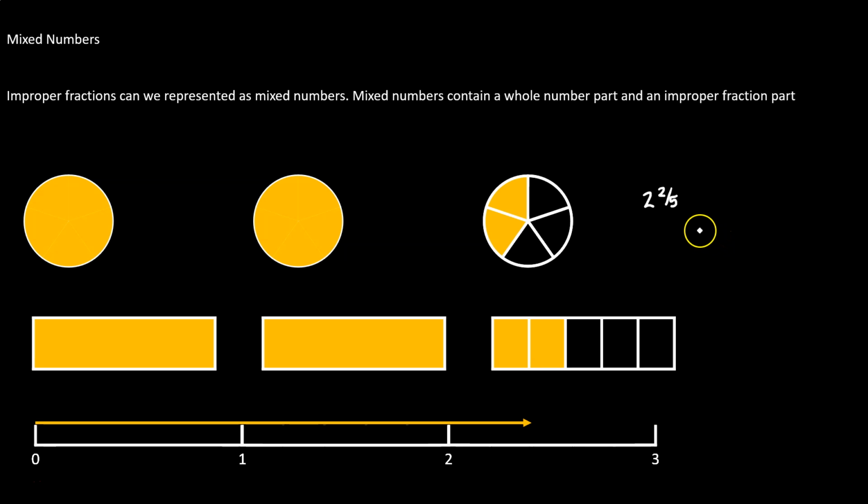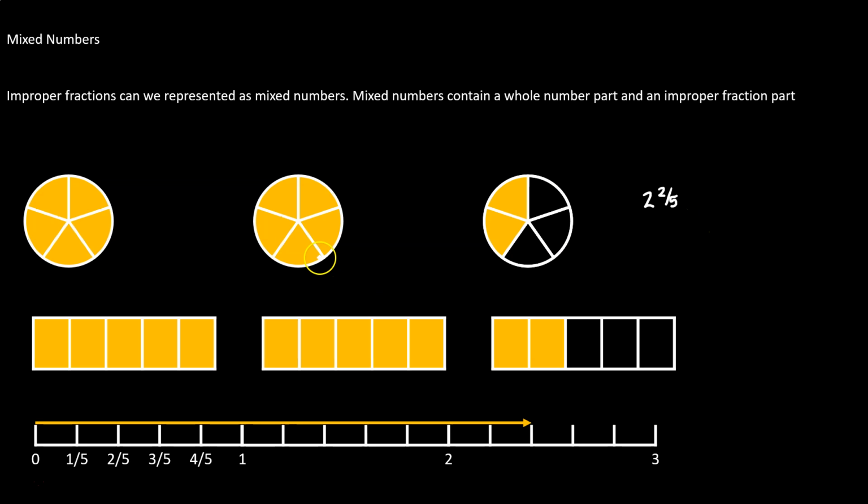Now what I'm saying is that improper fractions represent that same mixed number. So if I were to have divided my circles, even the whole ones, into 5 equal-sized parts, then I could count that I have 5 out of 5 from the first circle, another 5 out of 5 from the second circle, and then 2 out of 5 from the third.